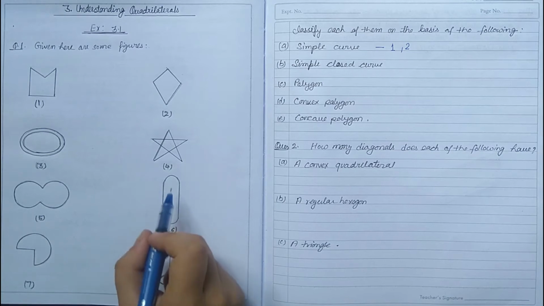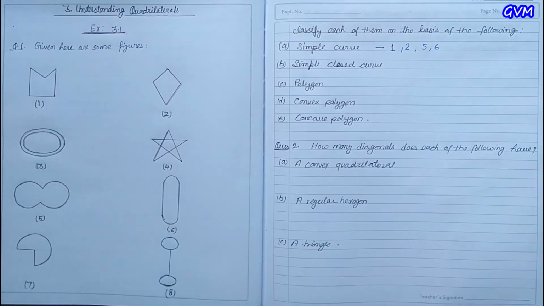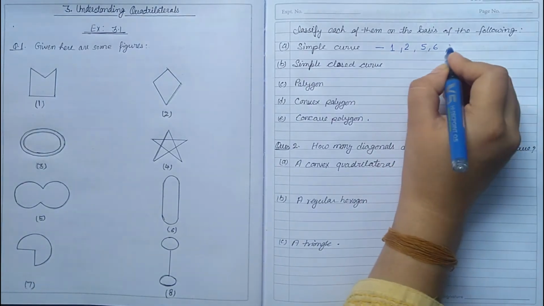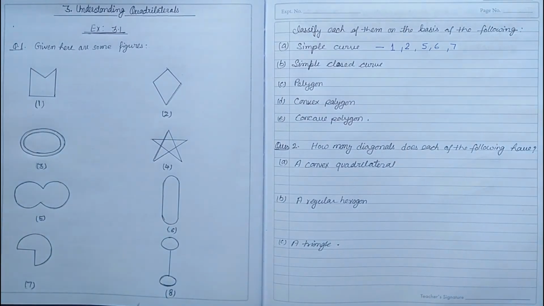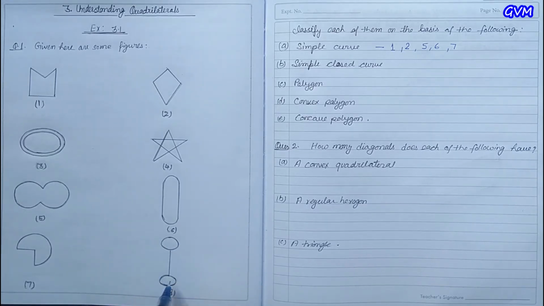Sixth one is also a simple curve, so fifth and sixth come under the simple curve category. Seventh one is also a simple curve, because it is continuous and not intersecting itself. Eighth one is not a simple curve because these are two circles and a line is going through them, so it is not a simple curve.